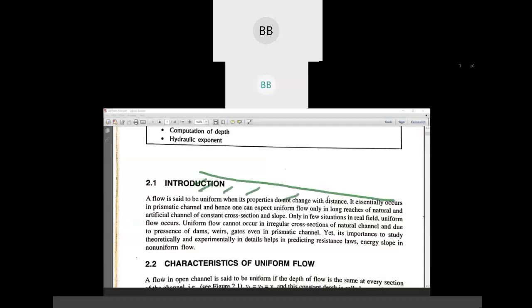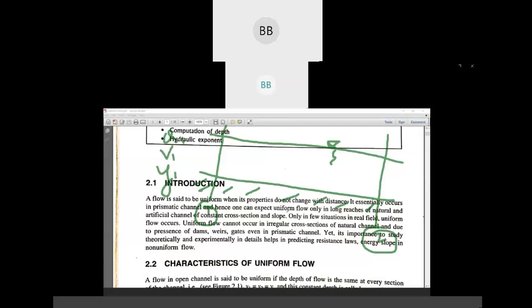If we have a channel, this is the level of water, and we have considered two sections. One is upstream, one is downstream: first section, second section. In the first section, we measure discharge, velocity, and depth of flow at section 1.